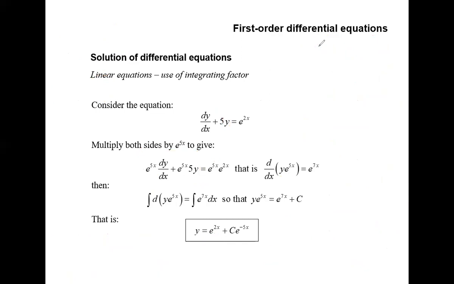Now let's take another example and solve. So let's try another example. This time we'll go to a whiteboard. Let's say we have the differential equation dy/dx minus 3xy equals 2.